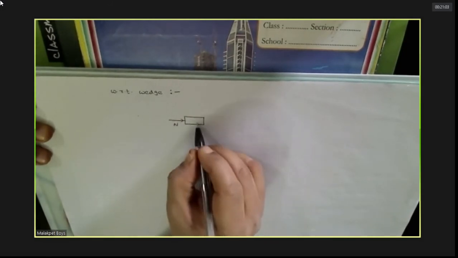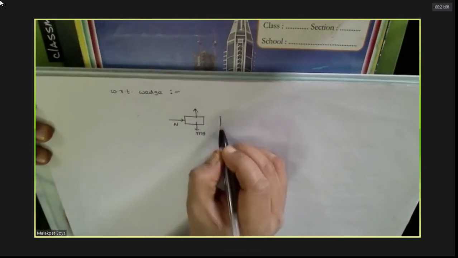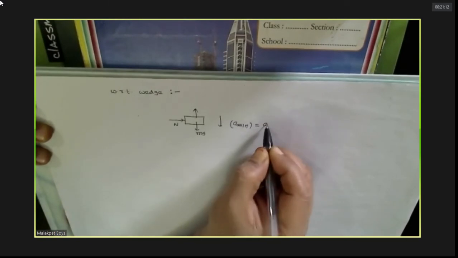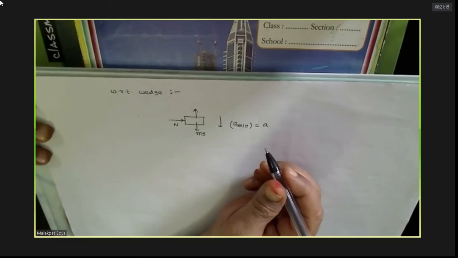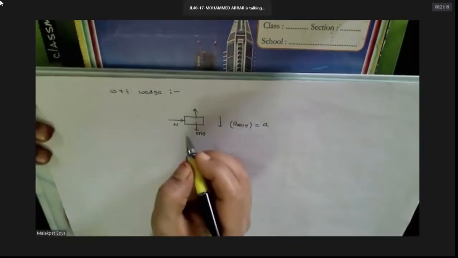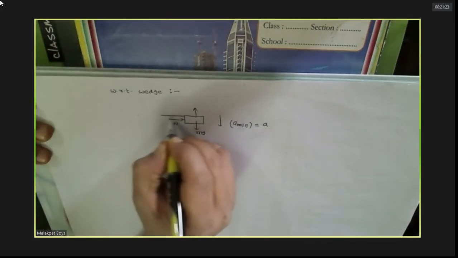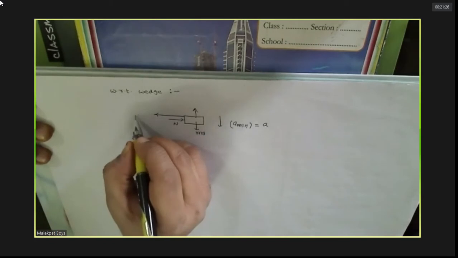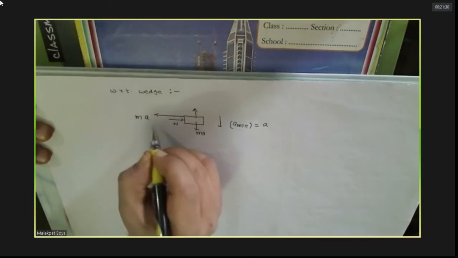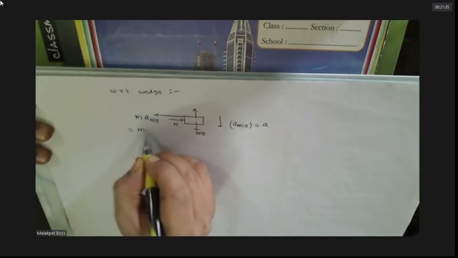Previously what did you get? This is tension. Do you agree? Apart from that, will there be any other force? Beautiful. Pseudo force. Because the observer has acceleration, this will be a pseudo force. In which direction? Opposite. Mass into acceleration of the observer with respect to ground.